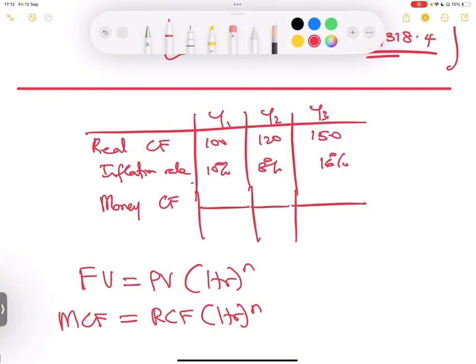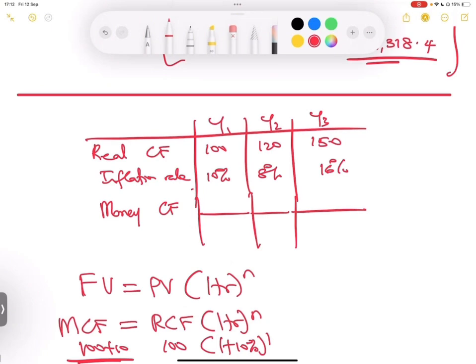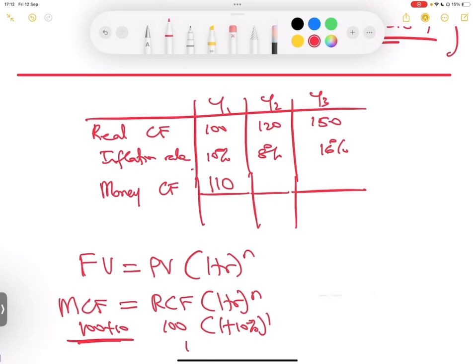So with inflation for year one, money cash flow becomes 100 plus 10. So for year one it is 110. And that is simply because it's 100 times 1.1. Clear? So what's year two?